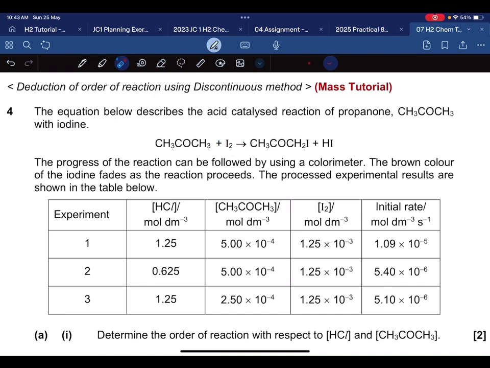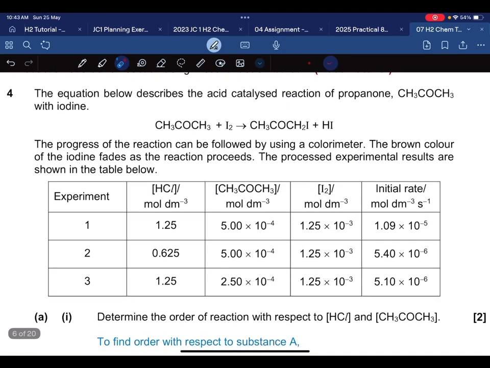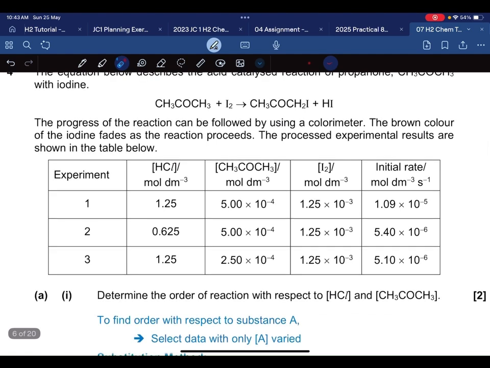Now the data provided give us the initial rate obtained when different concentrations of the reactant and the catalyst are used. Now to find the order with respect to, let's say, HCl, we must select data with only the concentration of HCl being varied.